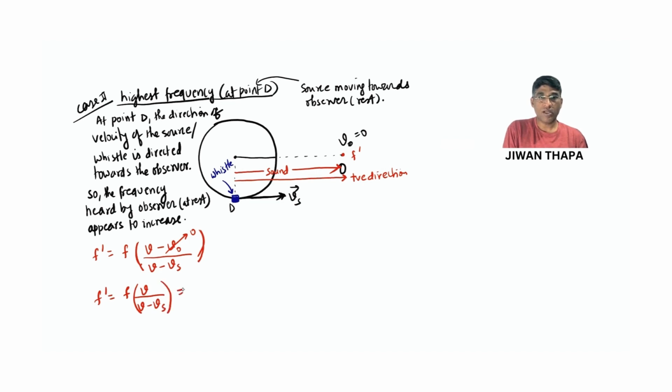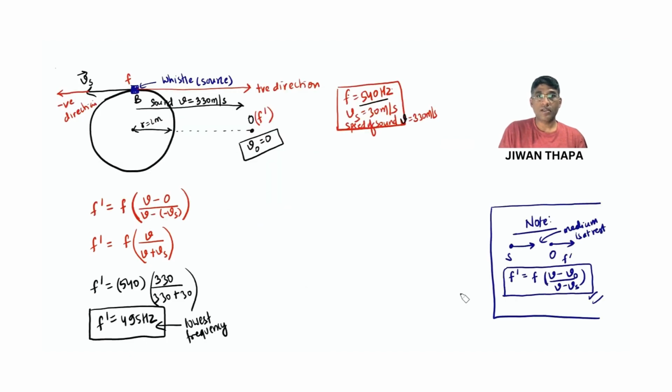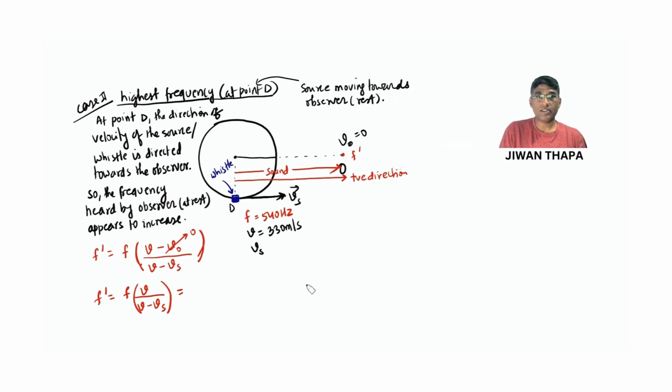Now let us put the value. We know f, the frequency of sound emitted by the source or whistle, is 540 hertz, the speed of sound is 330 meter per second, and v naught is 0. The velocity of source is 30 meter per second.